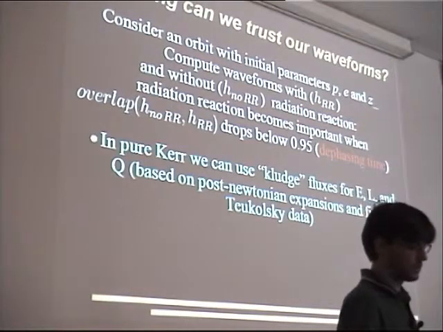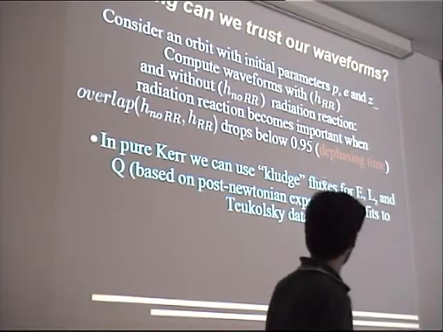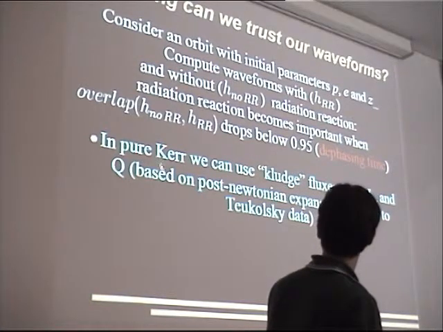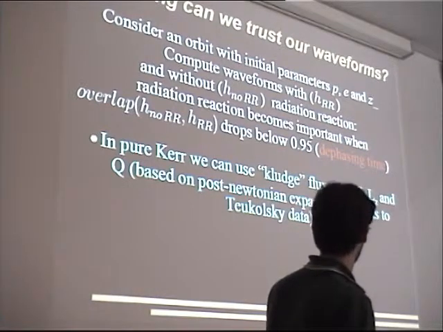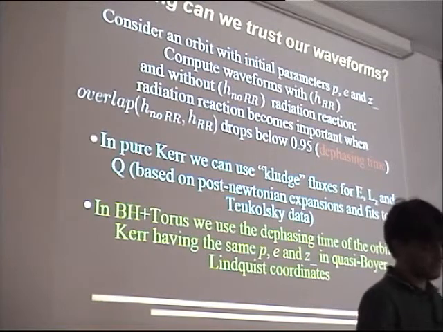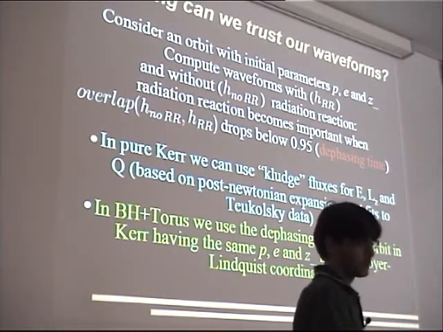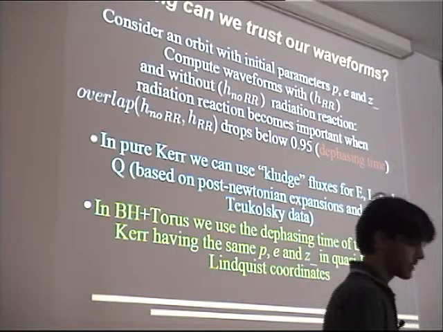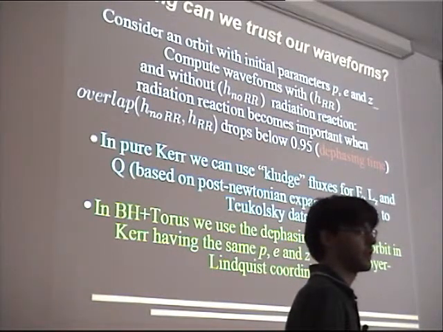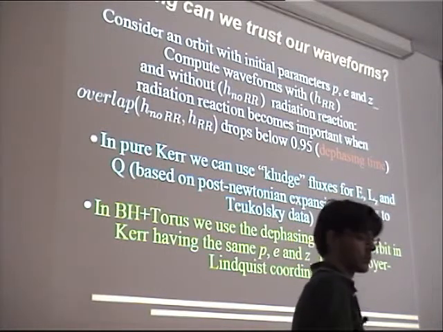In Kerr, it's easy to compute this because we have kludge fluxes for the energy, angular momentum, and Carter constant, and these fluxes can be based on post-Newtonian expansions and fits to Teukolsky data. Whereas in our spacetimes, we don't have these kludge fluxes, but we can just identify the dephasing times of orbits having the same orbital parameters.